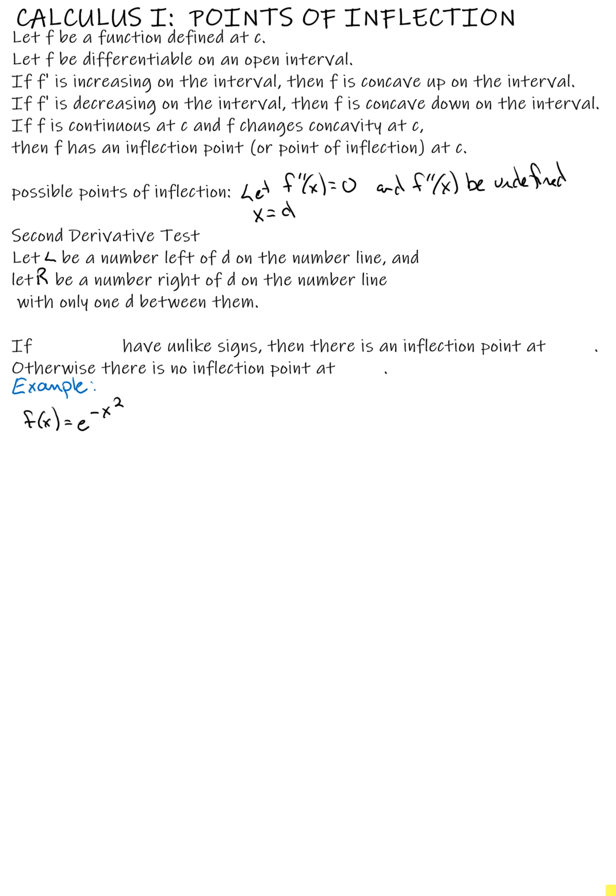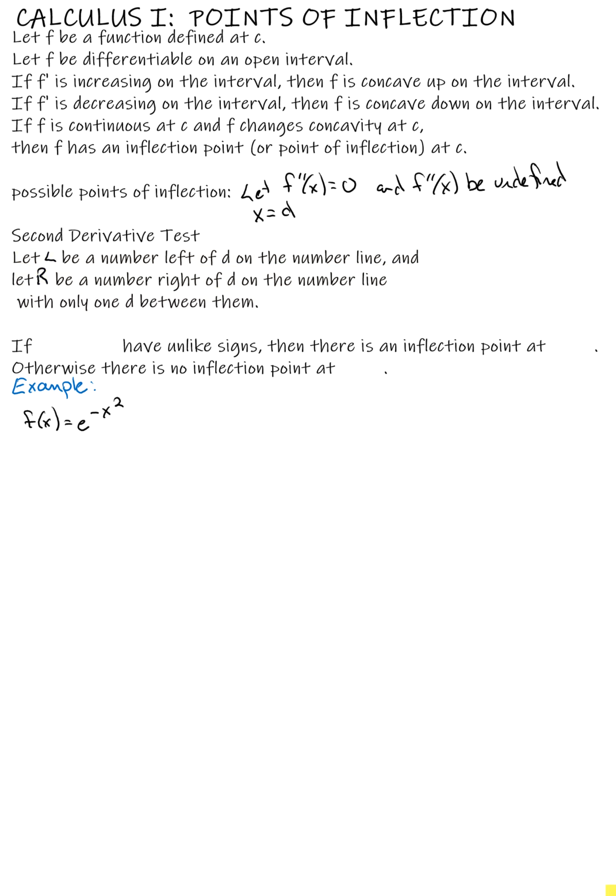Now, we have something called the second derivative test. We'll let L be a number to the left of d on the number line, and we'll let r be a number to the right of d on the number line with only one value of d between them. So we don't want two d's between one L and one r. Now, here's the fun part.